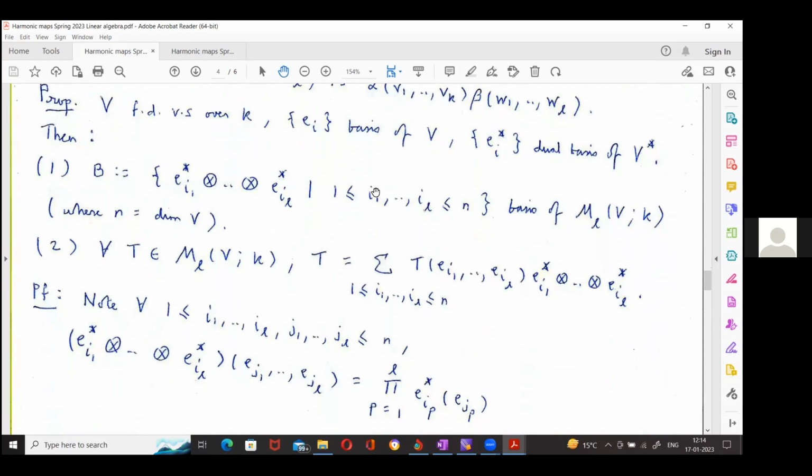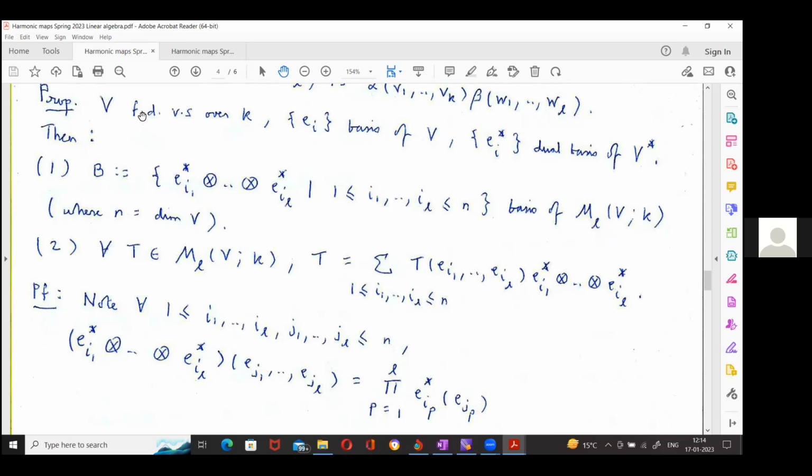And using these tensor products of multilinear functions, we can give a basis for the space of l-multilinear functions.